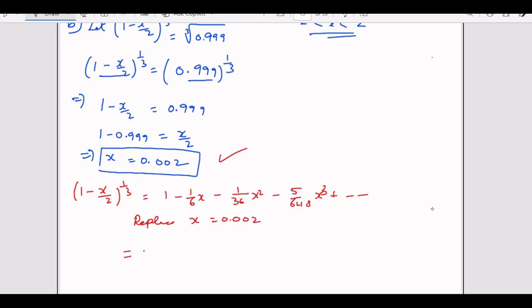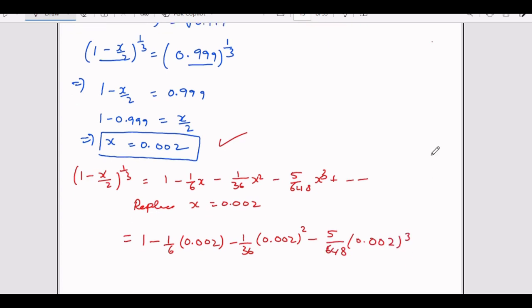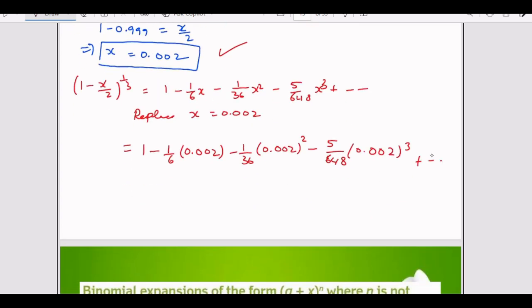So this is equal to 1 minus 1 over 6 times 0.002, then minus 1 over 36 times 0.002 squared, minus 5 over 648 times 0.002 cubed, right? So now you need to be careful doing these calculations. So this is coming 1 minus 0.000333.